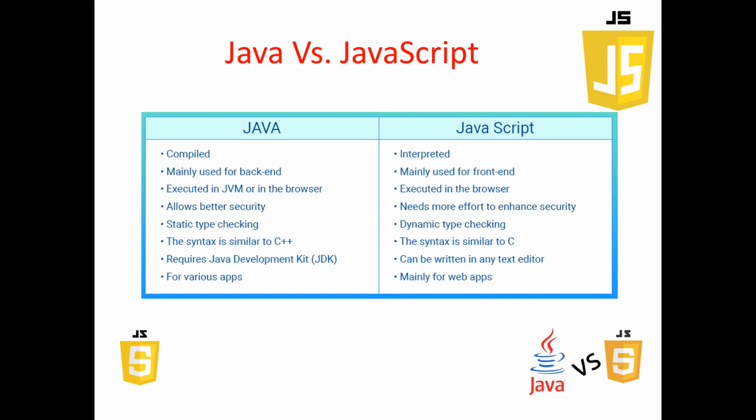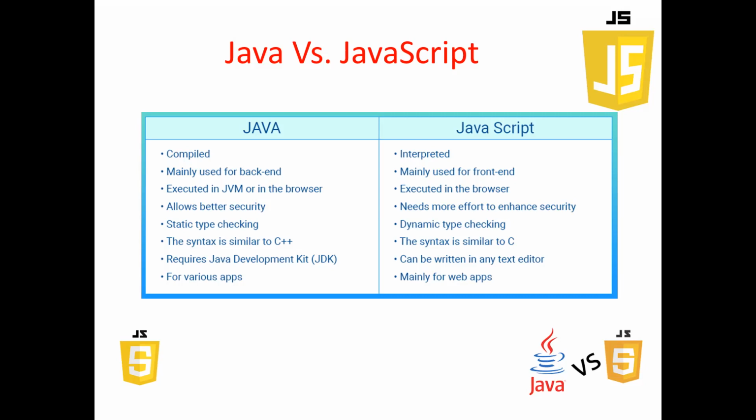Okay, Java is mainly used for backend, for backend systems, like any banking system, any MIS system, any portfolio system. So this is mainly used for backend programming. But JavaScript is mainly used for front end programming, like when you are writing web pages, creating an e-commerce website or something like that.